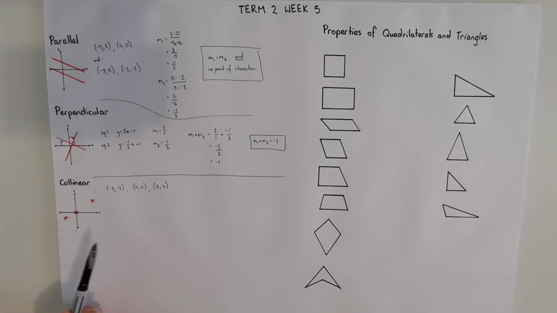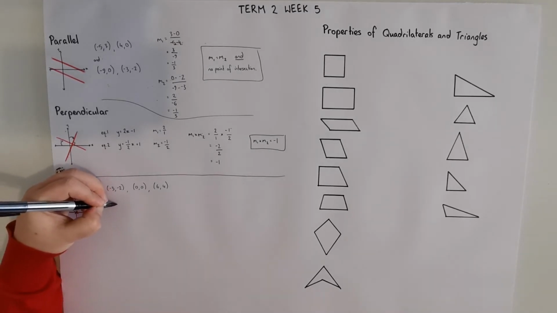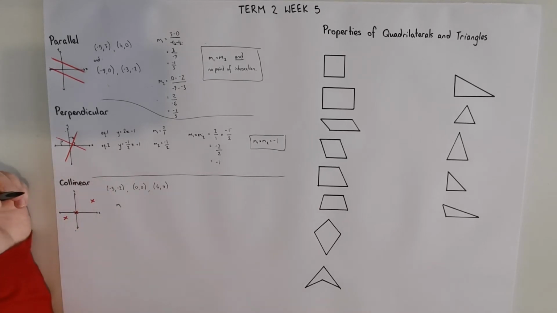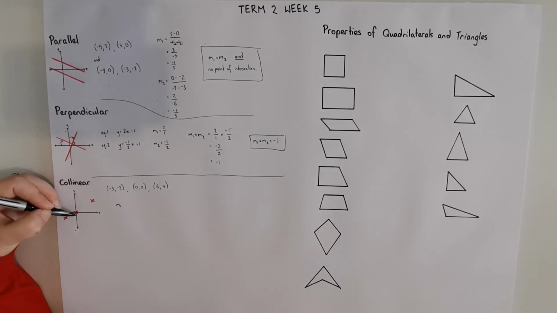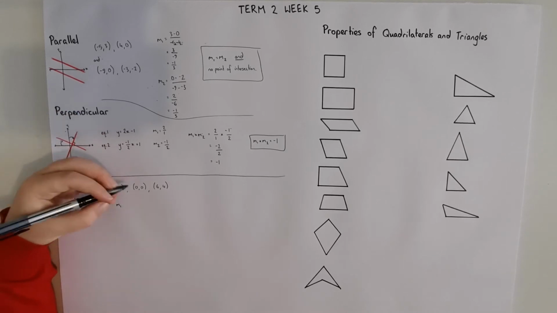You could choose to check any 2 or all 3 of these points for gradient. I'm just going to do 2 for the sake of time. I suggest that you do the third combination to check that that is also the same while I'm going through this. So I'm going to use 0, 0 as my common point. So though that's not the first one I wrote, I'm going to start with that.